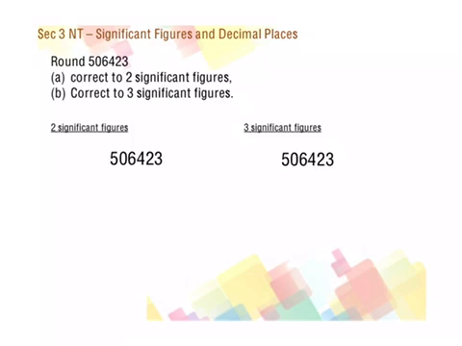The first non-zero number here is 5. So 5 will be the first sig fig, and all the numbers that follow behind it are significant figures, even if the number is 0. So our second significant figure will be the number 0.